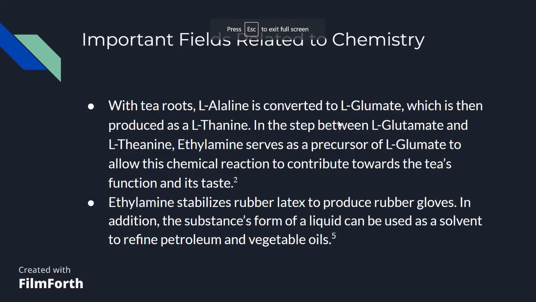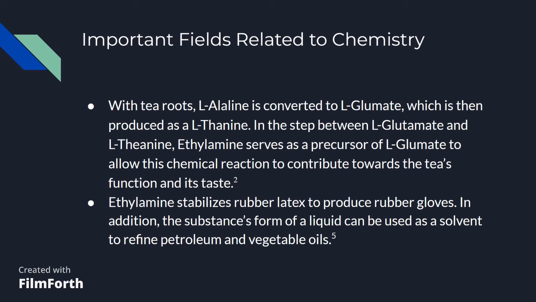All right. So ethylamine, which is also known as ethanamine, has some important fields related to chemistry. Now, to start off with, specifically with tea roots, it has a chemical reaction involved between three substances, where ethylamine serves as a precursor.